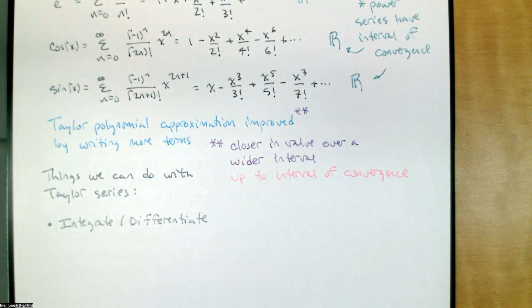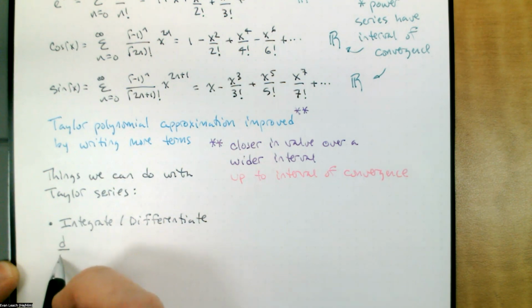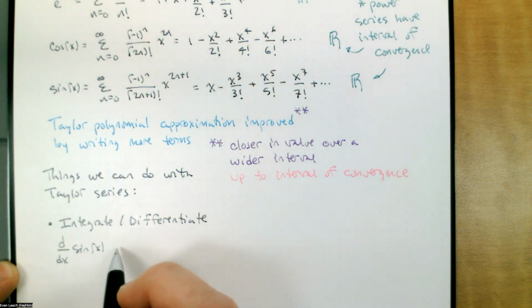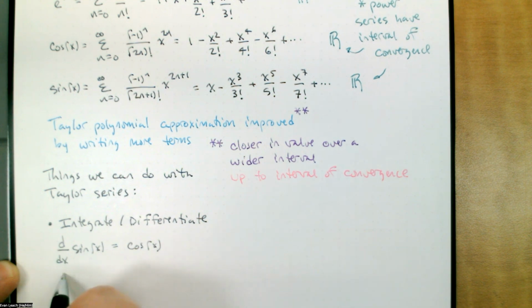So the derivative of sine x is cosine x. And if I take the derivative of the Taylor series for sine x, I should get the Taylor series for cosine x.